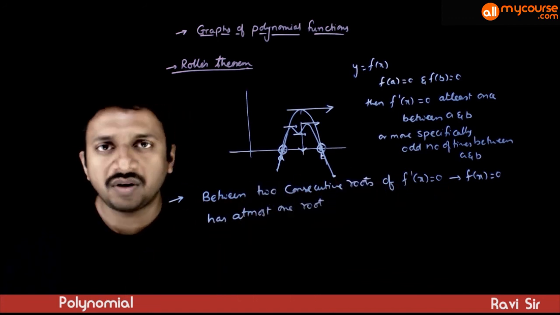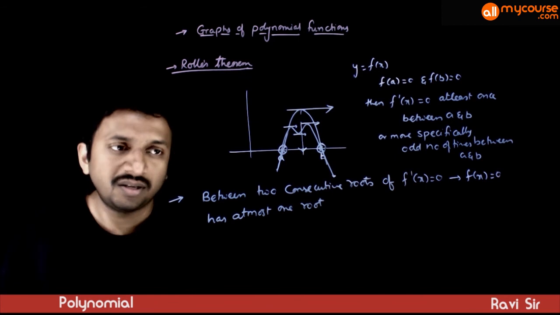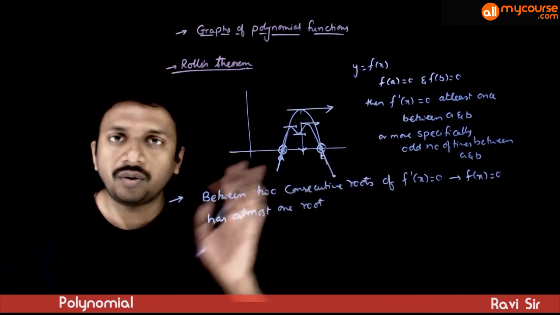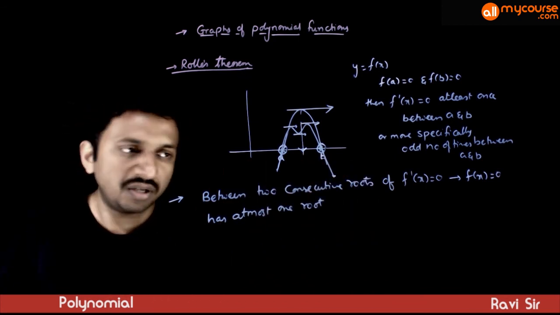F of x is equal to 0 has at most one root between two consecutive roots of f dash of x is equal to 0.